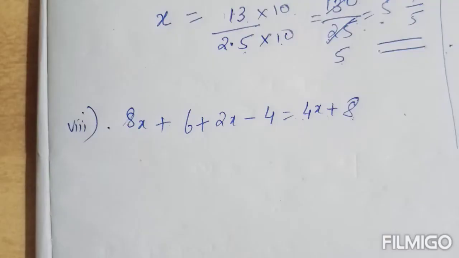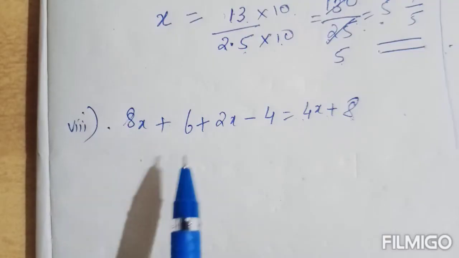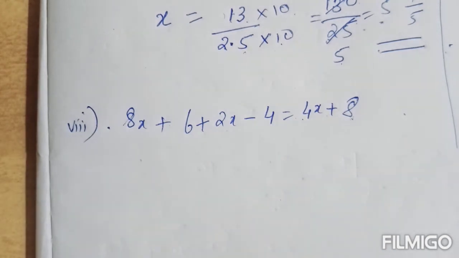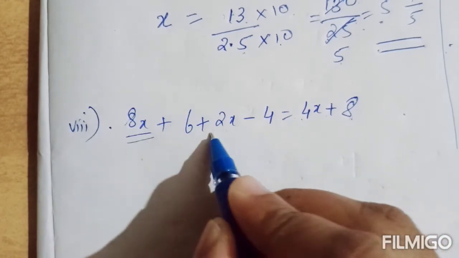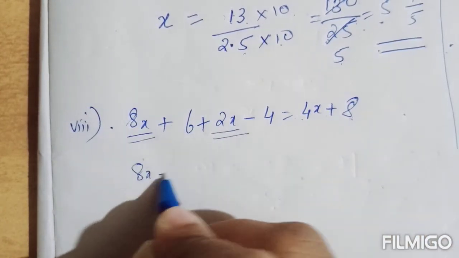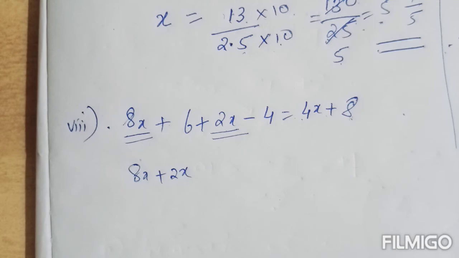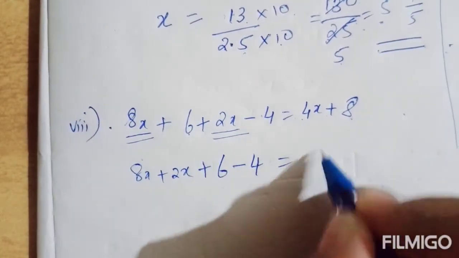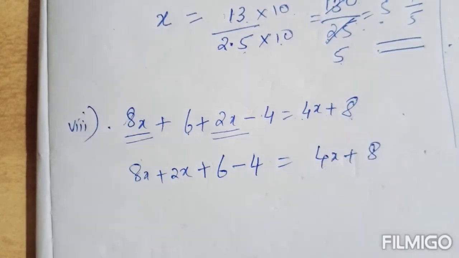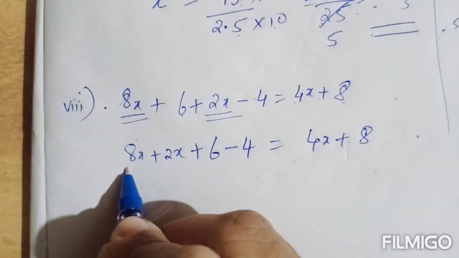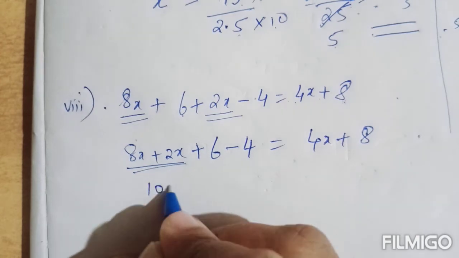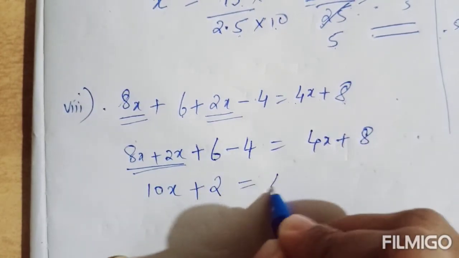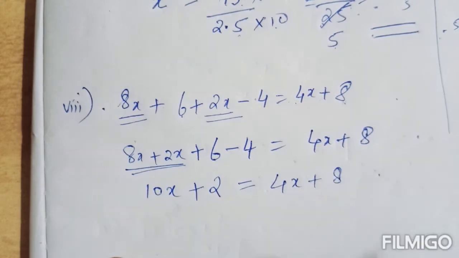Okay. In that 8th one, 8x plus 6 plus 2x minus 4 equal to 4x plus 8. So here also you can see like terms, 8x plus 2x. So you can write that together: 8x plus 2x and then plus 6 minus 4 equal to 4x plus 8. Adding these like terms, 8x plus 2x, it is 10x, plus 6 minus 4, it is 2, equal to 4x plus 8.